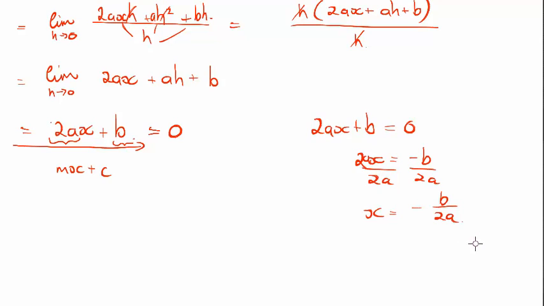Does that look familiar? Yes. Okay. So guys, don't go and try and remember this formula. Just remember this one thing. The derivative is the gradient. So if I want to know where is the turning point, all I need to know, well, that's where the gradient is 0. So that's where I make my derivative equal to 0.